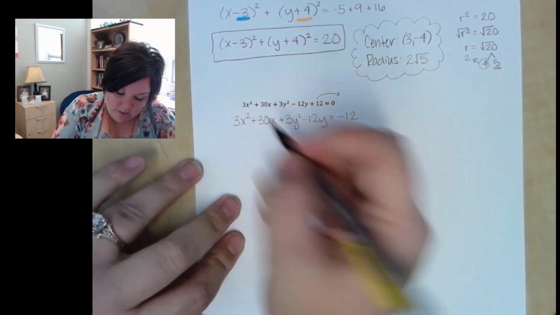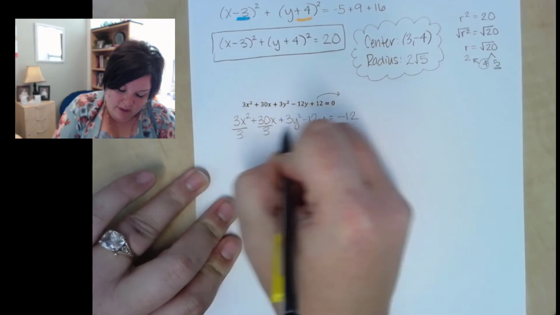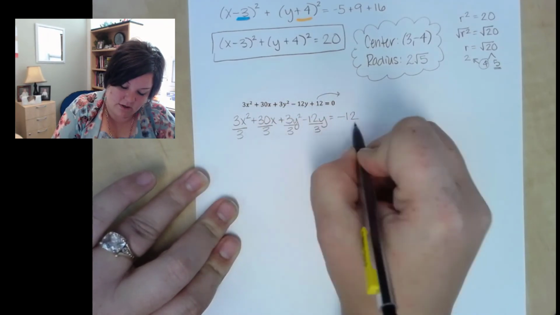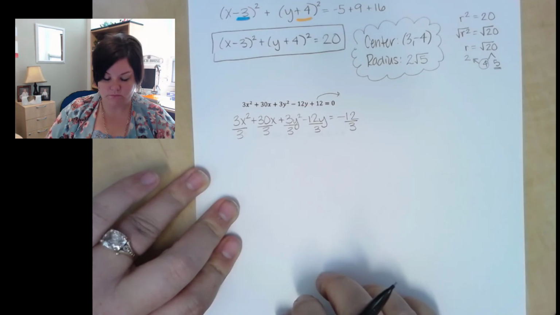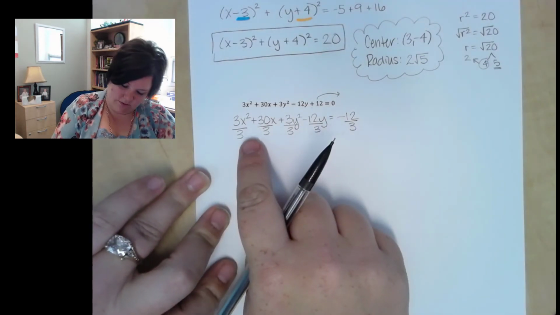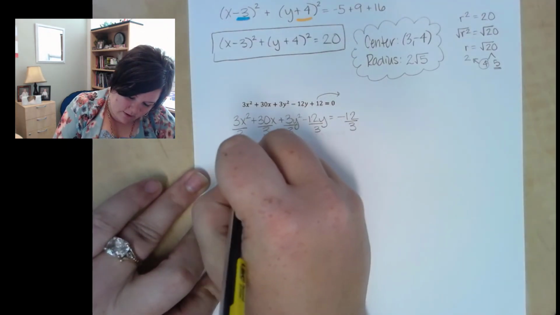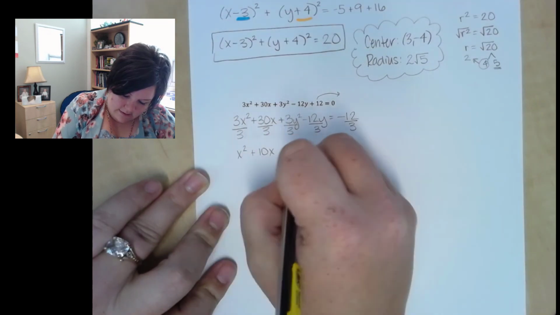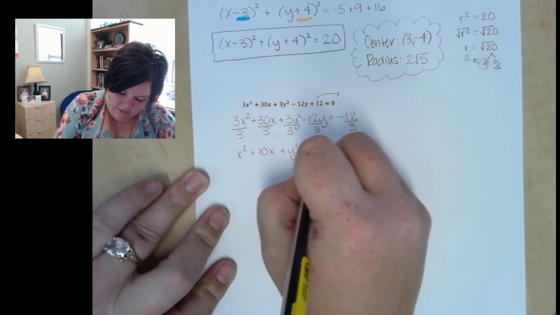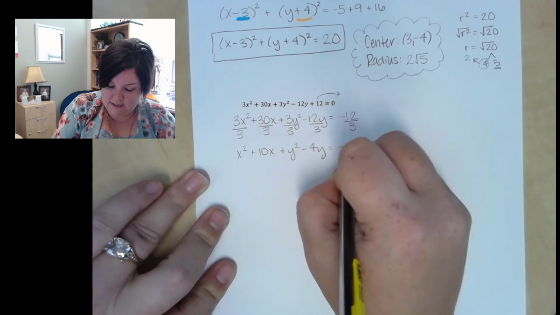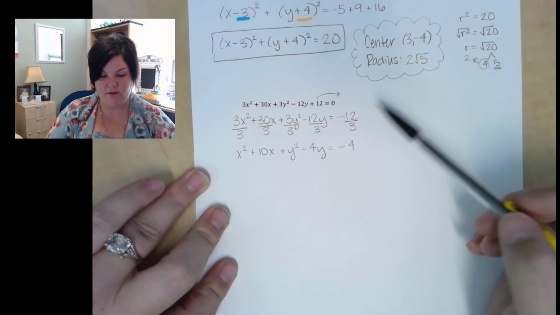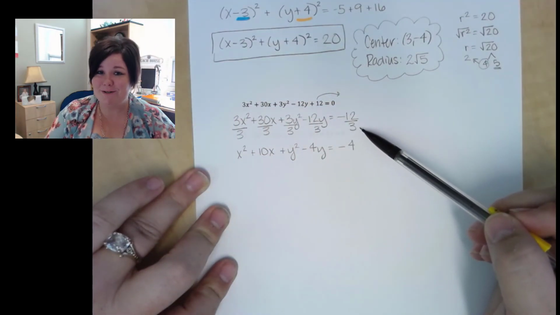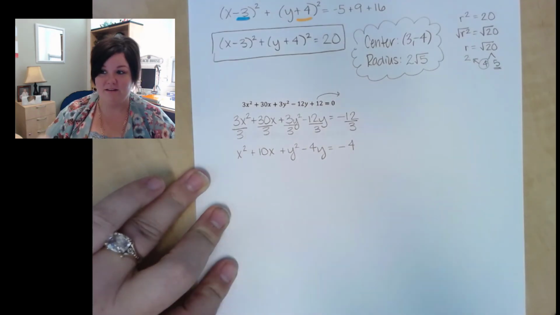So we're going to divide everything by 3 so that our leading coefficients become 1. That leaves us with x squared plus 10x plus y squared minus 4y equals -4. Make sure you divide the 3 off on the other side. That's the only way we can do it, is if we divide everything by 3.